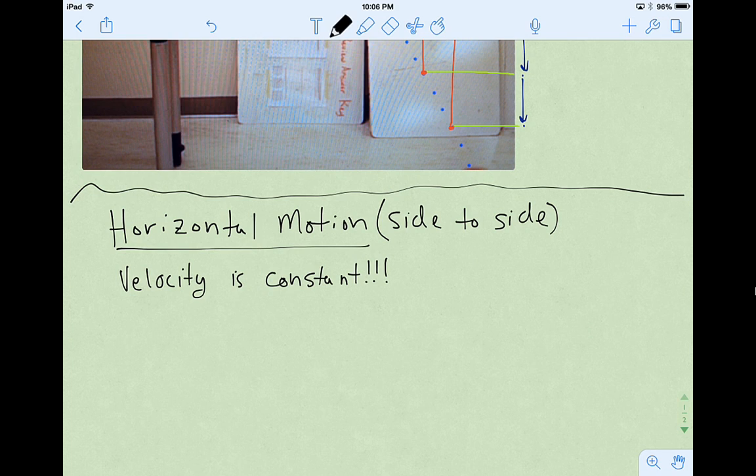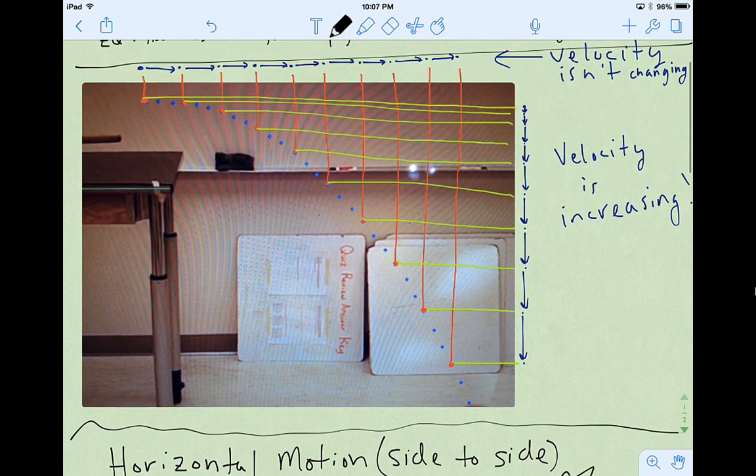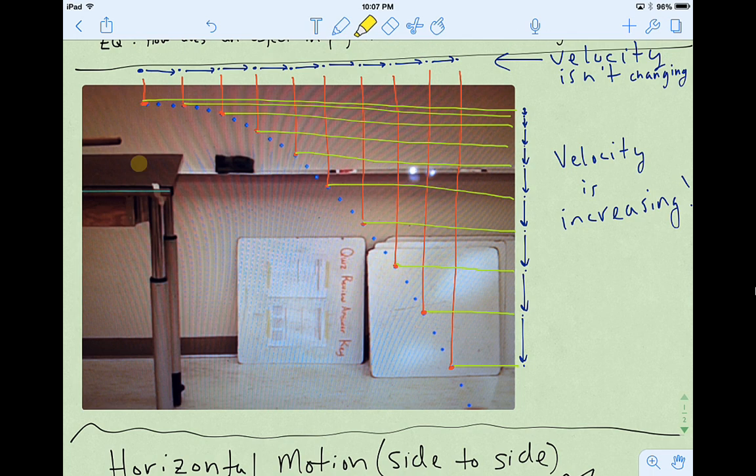If we think about this, it kind of makes sense, because of Newton's first law. I kind of like these little, look at that, ooh, little firework bubble. Okay, so Newton's first law: what Newton said is that if an object is in motion, so if it's moving side to side, it's going to keep moving that direction at a constant speed unless a force stops it.